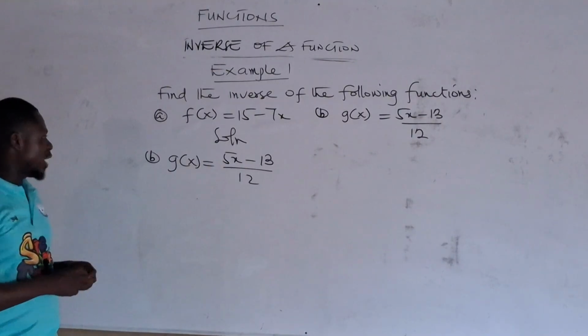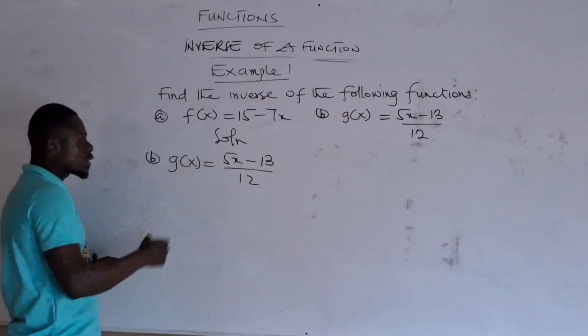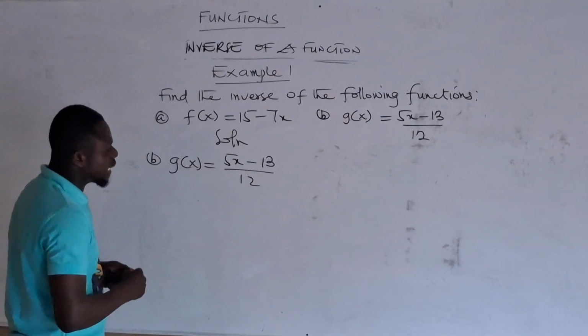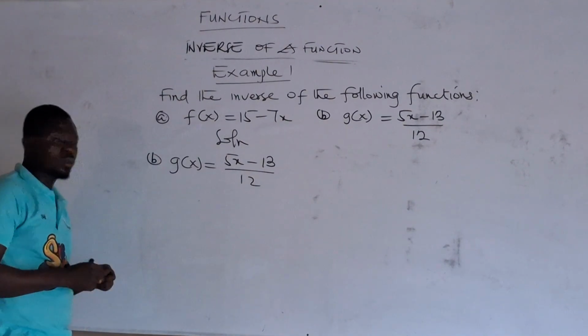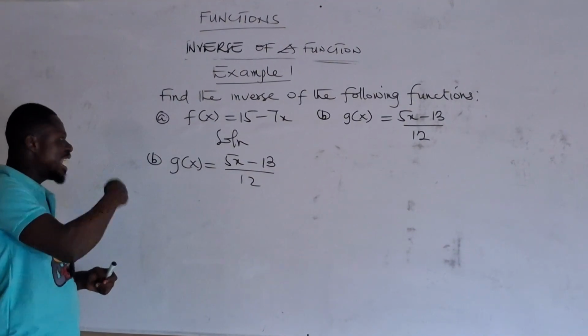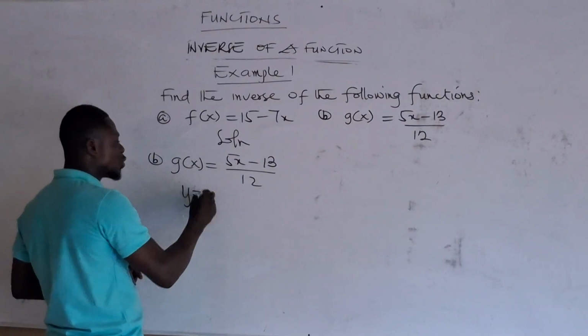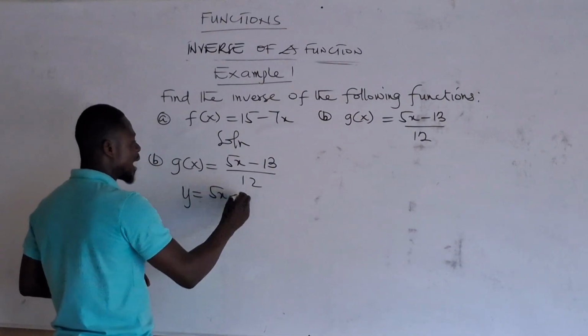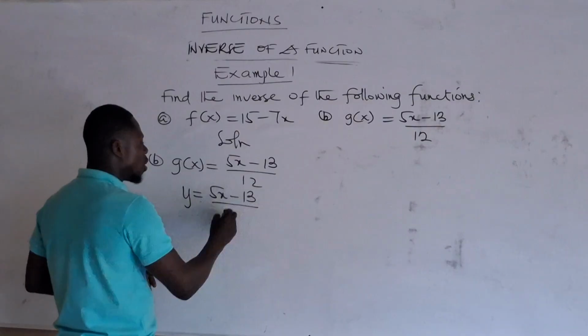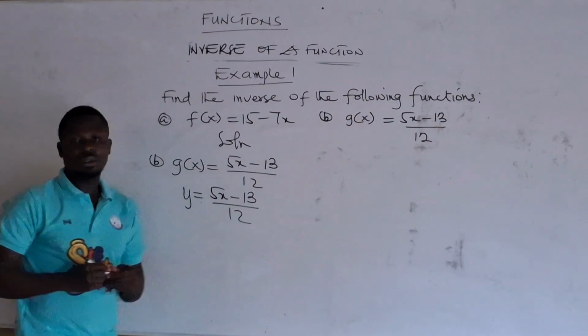In our B, we have g of x is equal to 5x minus 13 all on 12. The first step, change the name of the function to y. So it will be y is equal to 5x minus 13 on 12.